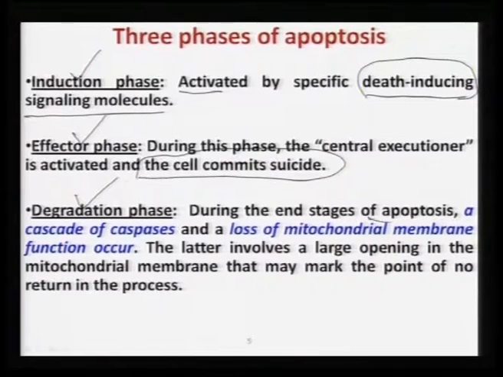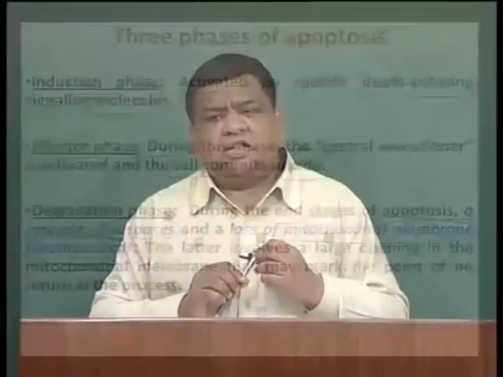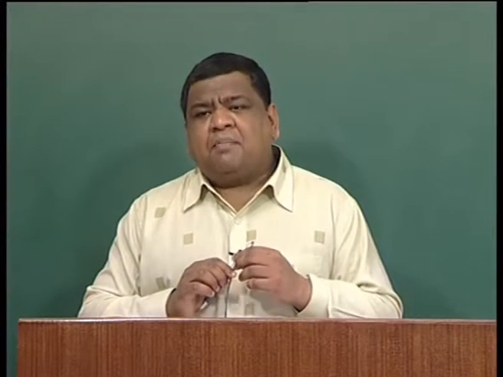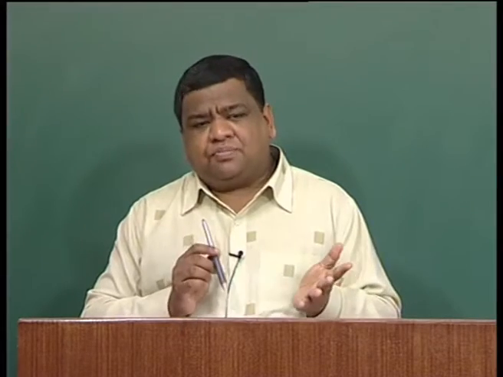During the end stage of apoptosis, a cascade of caspases, a particular signaling pathway, is activated, and loss of mitochondrial membrane function occurs. Now, why is mitochondria important? Mitochondria is a place where the ADP to ATP, ATP to ADP transformation takes place, and mitochondria is known as the powerhouse of the cell, as it produces energy.